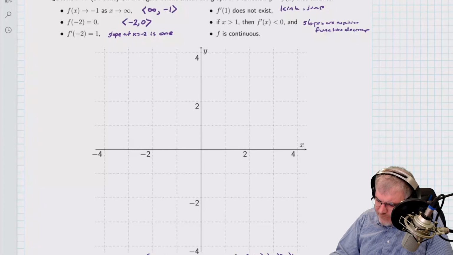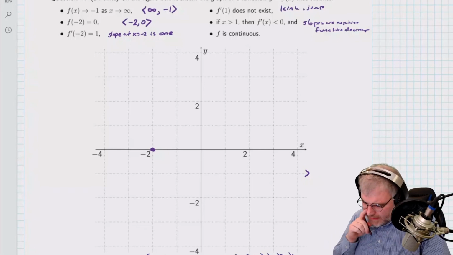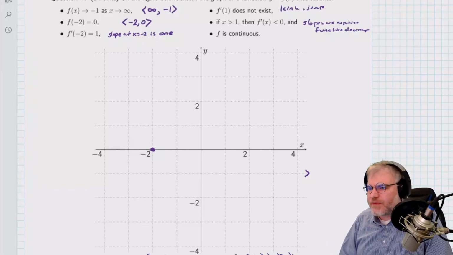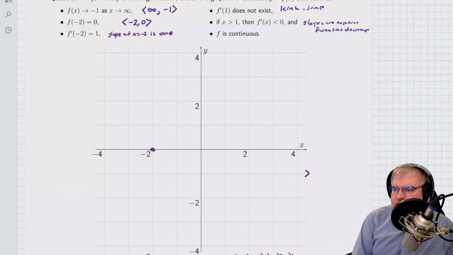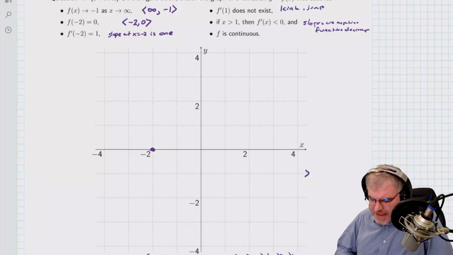All right, so infinity, -1 is that point there. -2, 0 is that point there. And that's it. So those are all my conditions. So 1 to 5, how do we feel about interpreting the conditions? Just what they're saying, what they're asking of us.